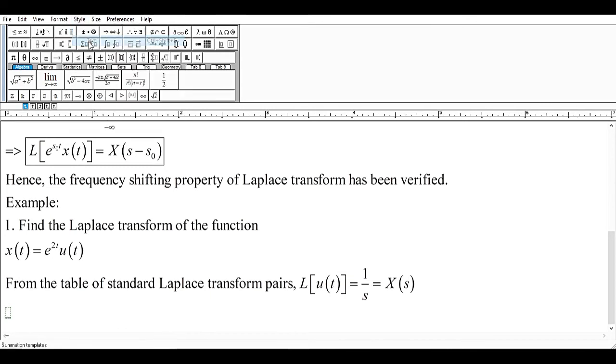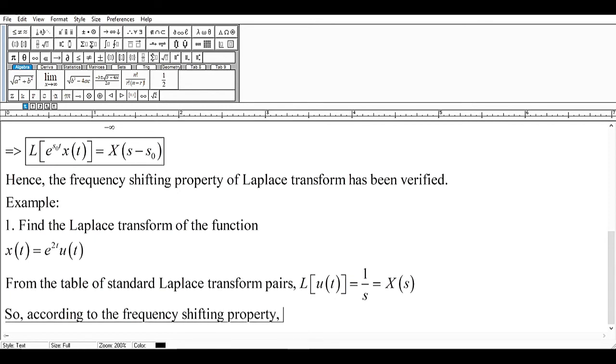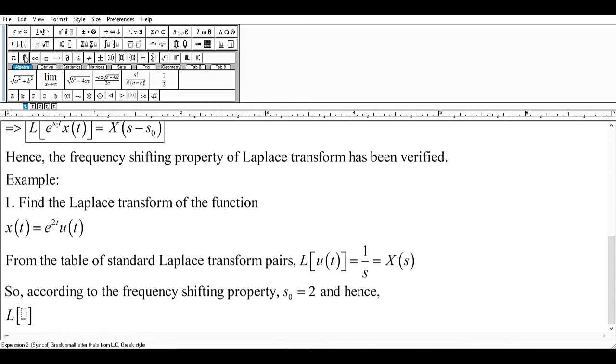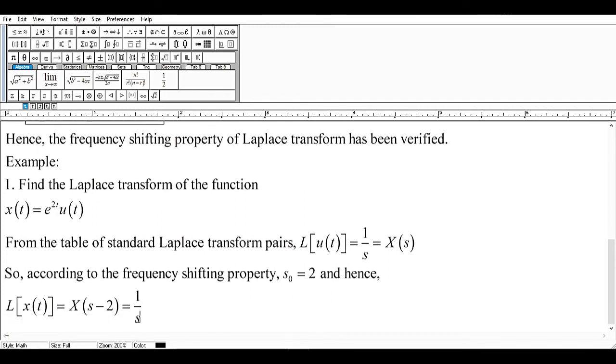So, according to the frequency shifting property, s0 equal to 2, and hence Laplace of x(t) will be X(s minus 2), that is 1 by s minus 2.